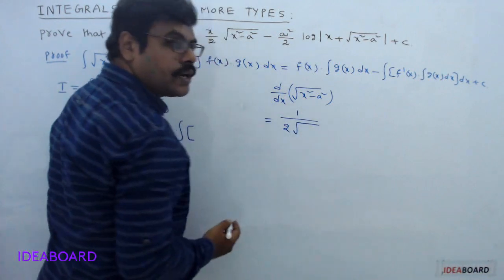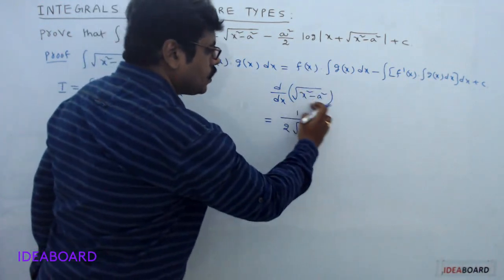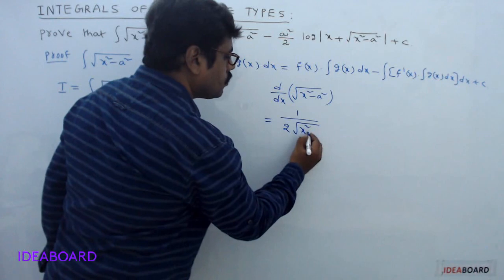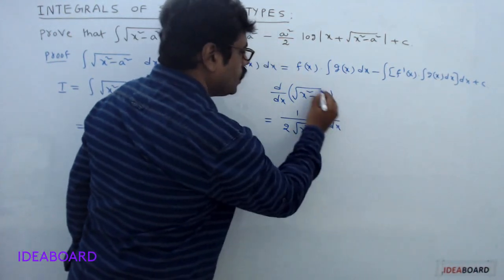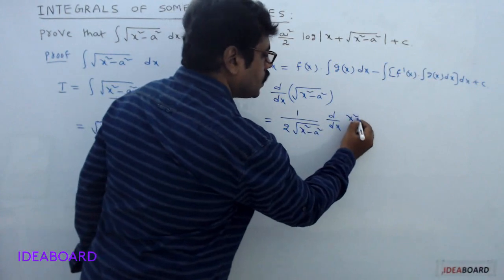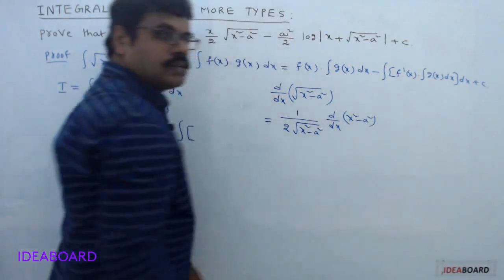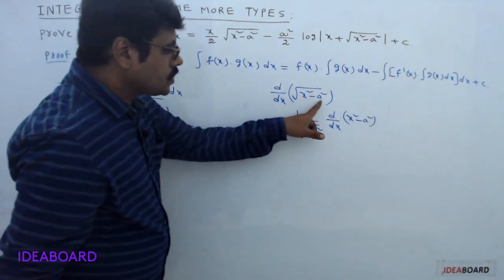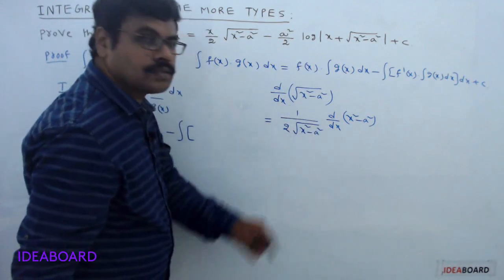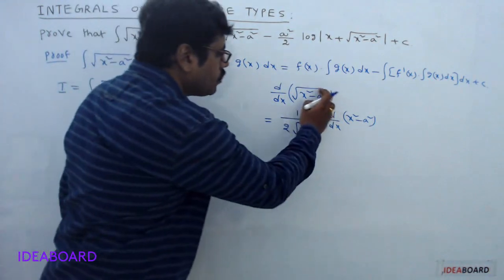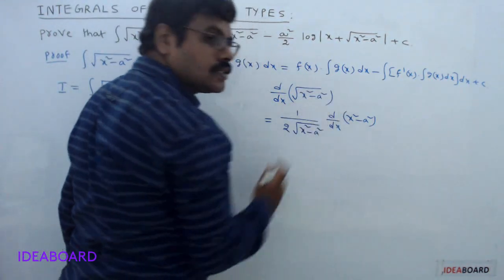Here the value of x is x square minus a square, into the derivative of x square minus a square. So the derivative of root of x square minus a square is 1 divided by 2 root of x square minus a square into the derivative of x square minus a square.